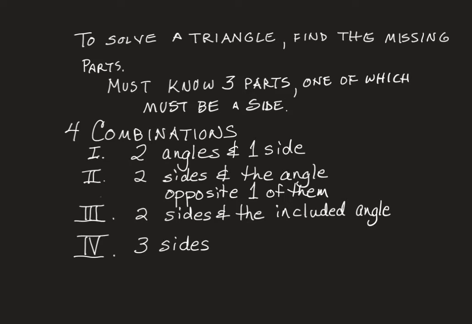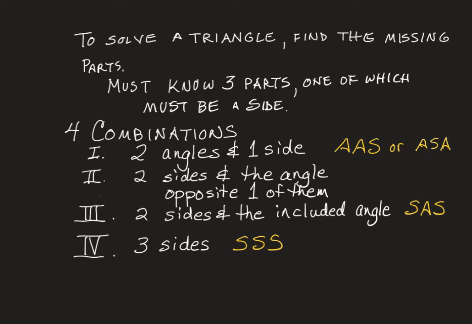In your geometry class, you probably developed a shorthand for these, such as 3 sides would be side, side, side. 2 sides and the included angle would be side, angle, side. 2 angles and 1 side would be angle, angle, side, or angle, side, angle.